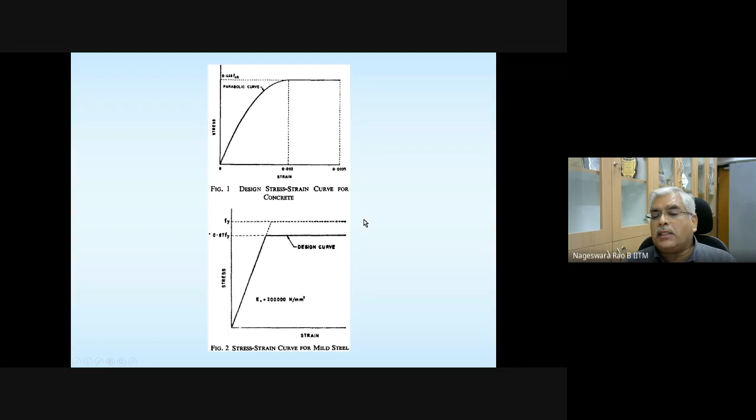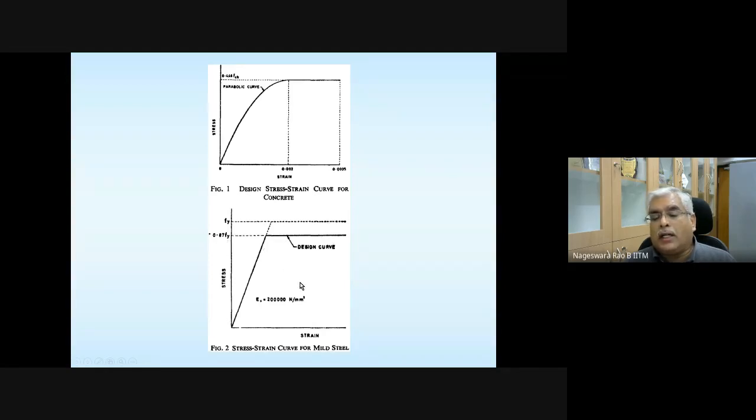After that, the curve gets flattened, and the stress value remains constant at the Fy value. Once you have this, the design stress strain curve is obtained by reducing this peak point.